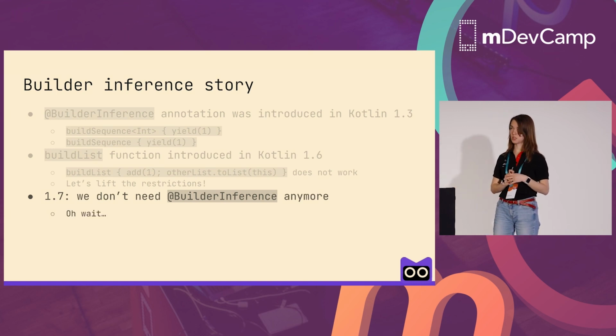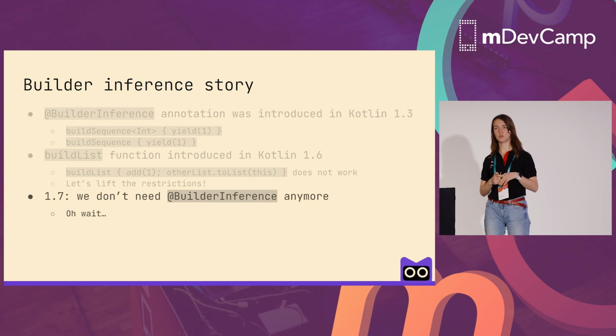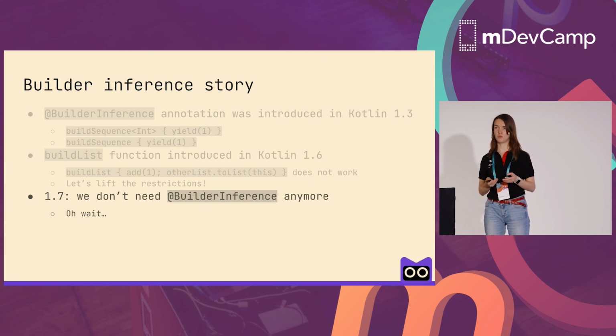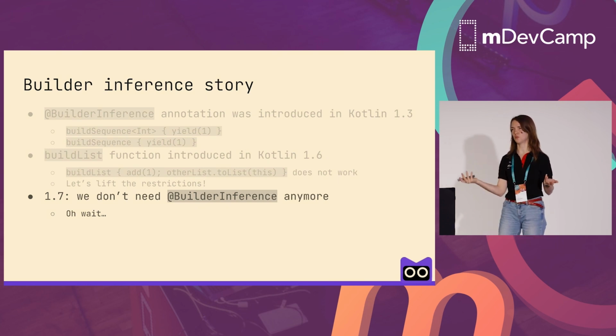And oops, it turned out that this wasn't that harmless. Before, we thought that if we removed this annotation, we would allow all the users to profit from this smarter type inference for lambda expressions. And we would just turn red code, previously not compilable code, into compilable code.